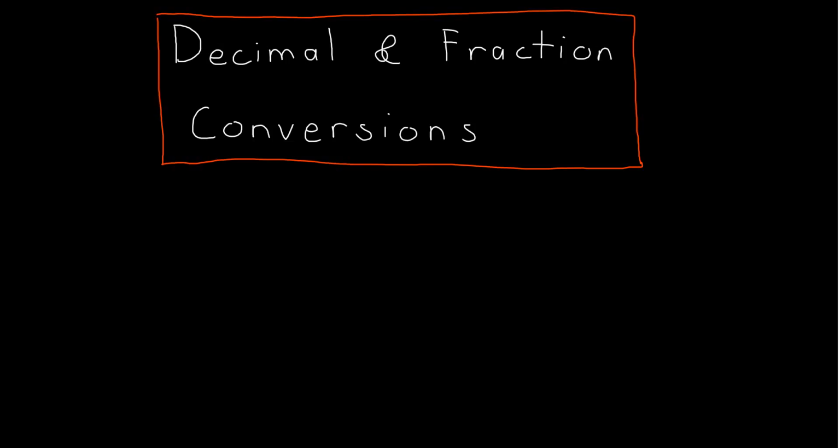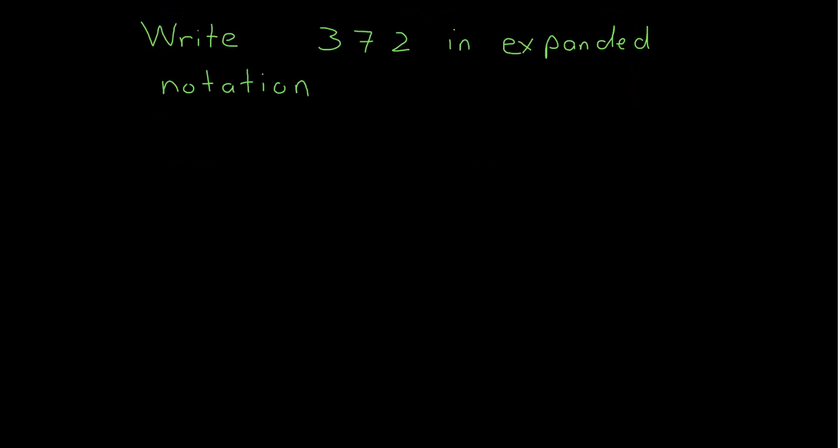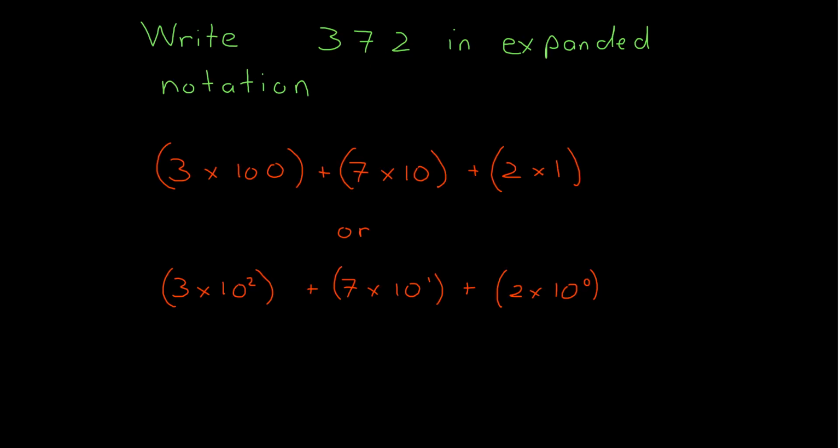Okay, let's get started. Our first question, I'd like for you to write 372 in expanded notation. Pause the video and have a go. Okay, so I hope you saw it was 3 times 100 plus 7 times 10 plus 2 times 1.